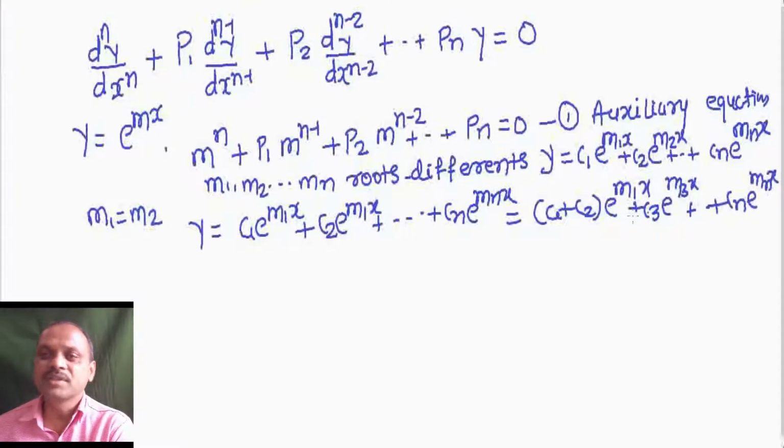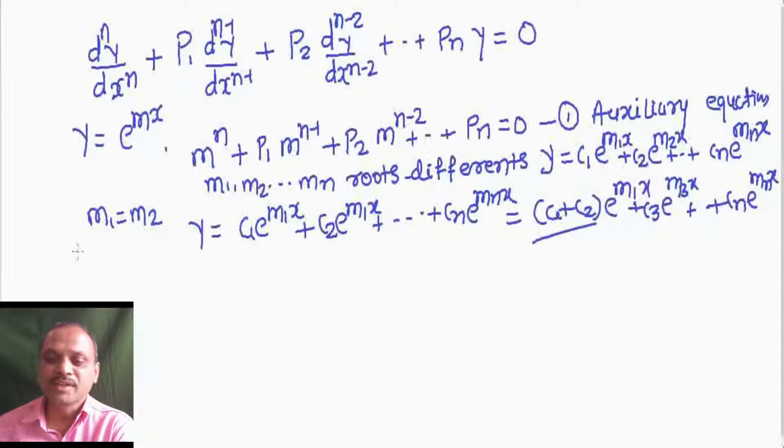Now instead of c1 plus c2, we can write another constant, but then the number of constants becomes less than the order of the differential equation, and hence we have to proceed in another way.